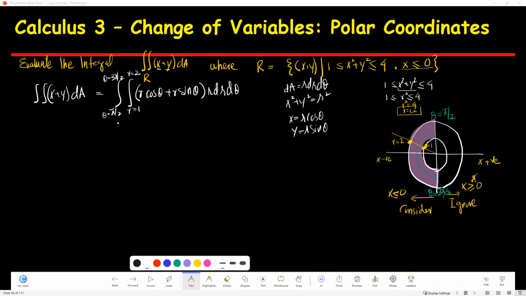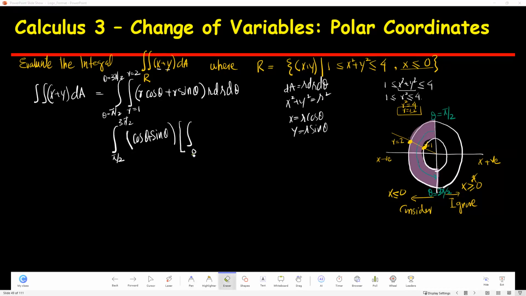So maybe I can just write it like this: pi by 2 to 3 pi by 2, cos theta plus sine theta, and I'm going to take the integral from 1 to 2 of r squared dr d theta.